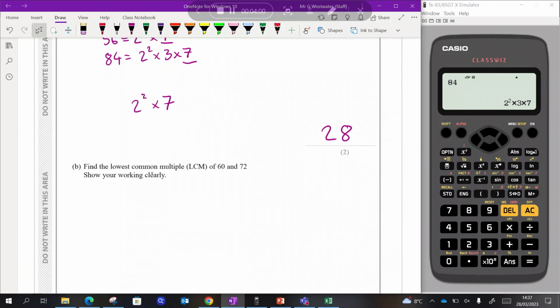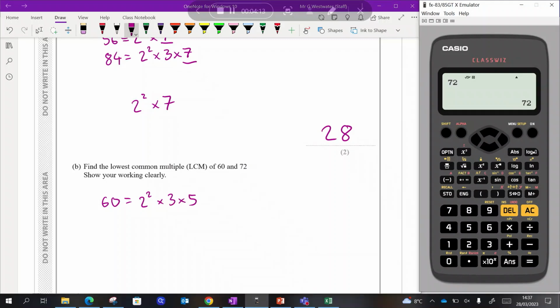Now finding the lowest common multiple is slightly different, but the basis is the same. So 60 is 2 squared times 3 times 5. And 72, if we do shift fact, is 2 cubed times 3 squared.